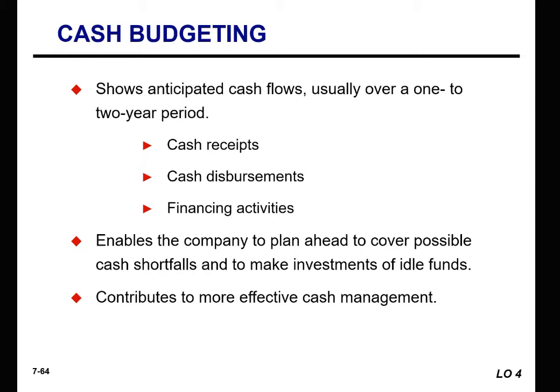A cash budget contributes to more effective cash management because it can show when a company will need additional financing because of short funds, or when a company is going to have excess cash that they can have available to make investments.